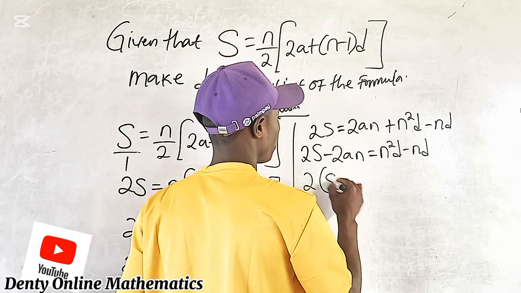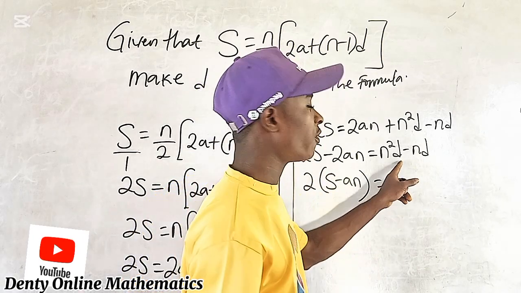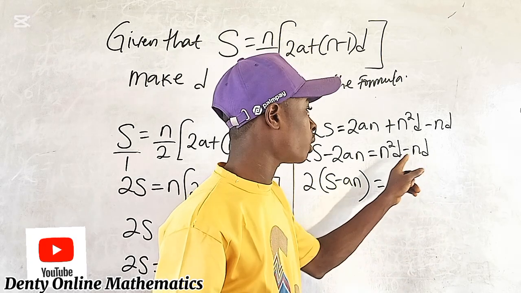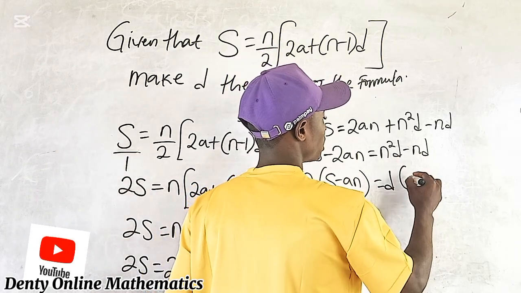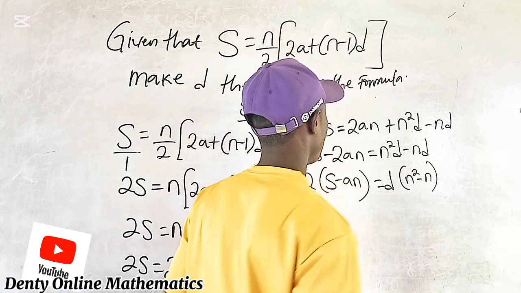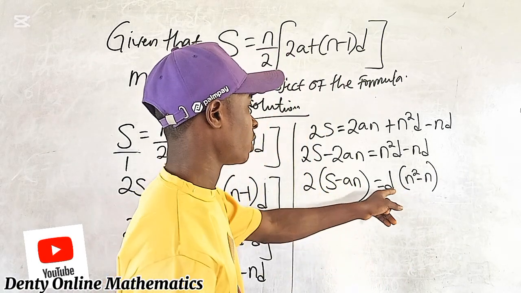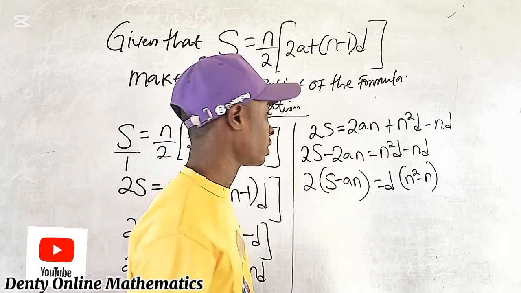Factoring out 2, I'm going to have S − an equal to. Let me factor out d here because d is common on this side. So I'll factor out d. I'll be left with n squared minus n, because d times n squared will give us n squared d and d times minus n will give us minus nd.